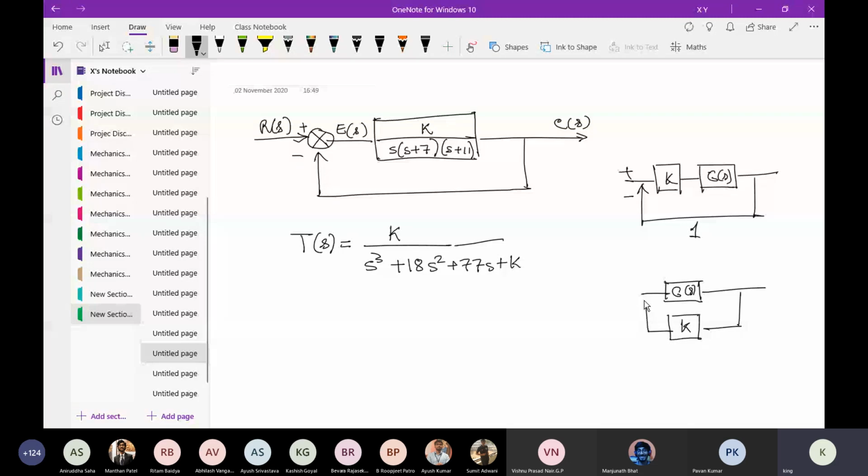It could be that just a unity feedback could be bad enough for the system. So you may need to attenuate it, or maybe it is not good enough, and in that case you need to know how much gain can you give.